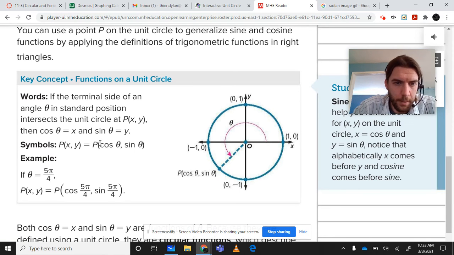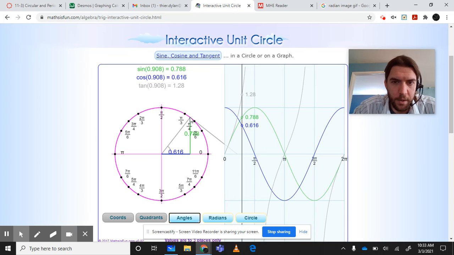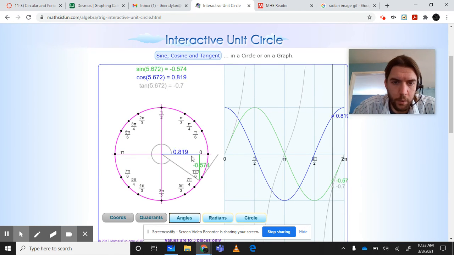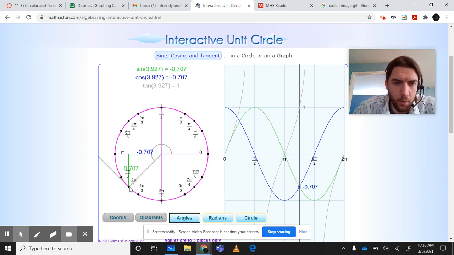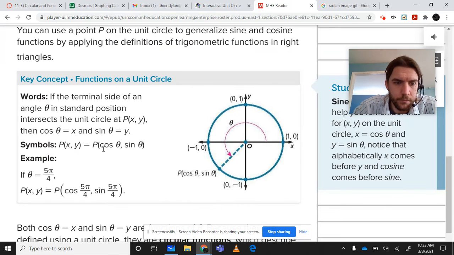Okay, so that point gives you that information of cosine and sine because we're always just dividing by the hypotenuse for those two functions, and that hypotenuse is 1 no matter where we put our right triangle. So it's just those two values, that green value and that blue value, those x and y coordinates, that tell us what our sine and our cosine are going to be.